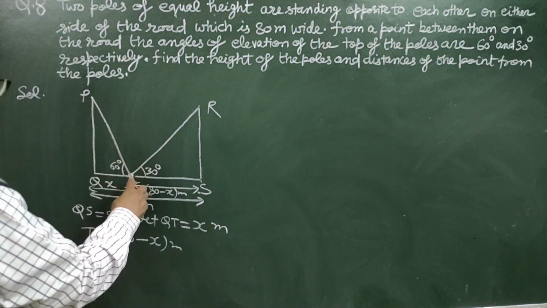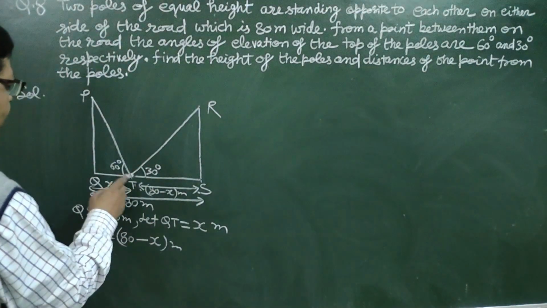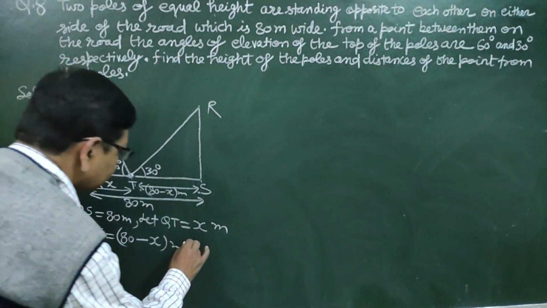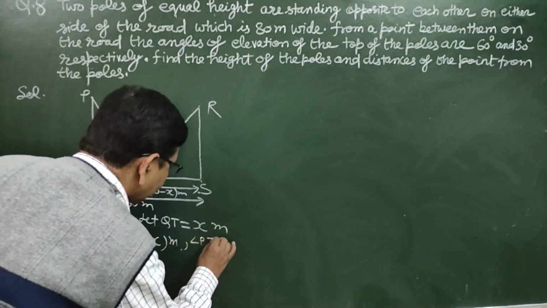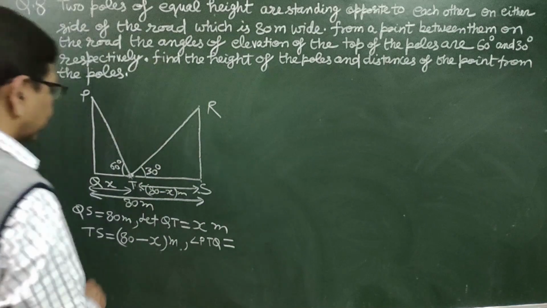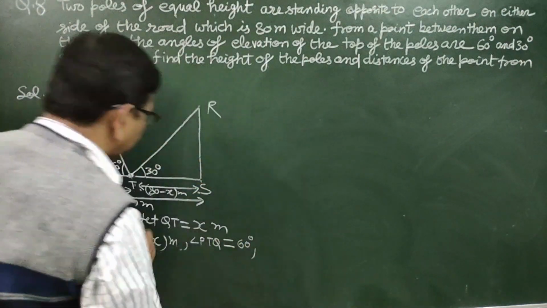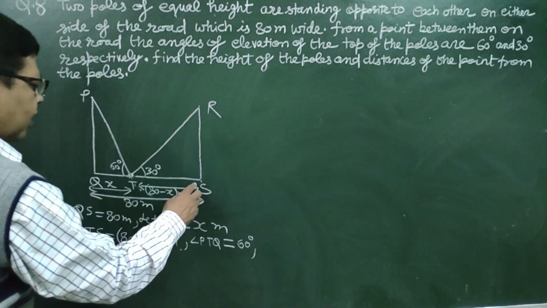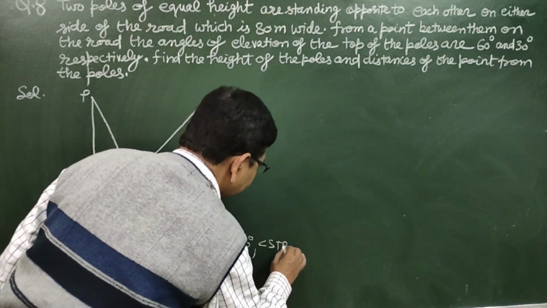Angle PTQ is equal to 60 degrees, and the angle of elevation, that is angle STR, is 30 degrees.